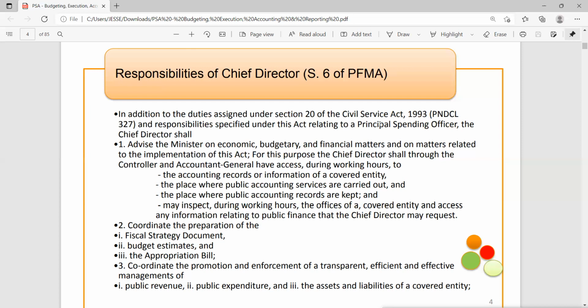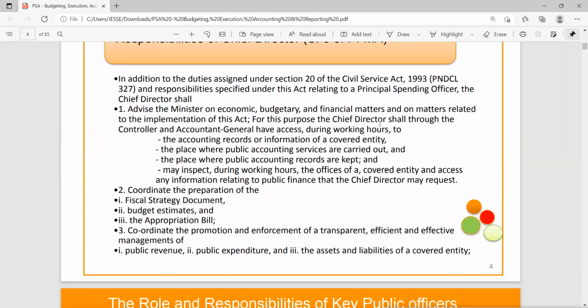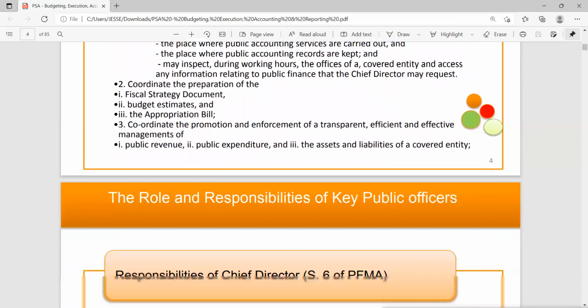So the chief director is responsible for ensuring that revenue, expenditure, assets, and liabilities are managed in a very efficient and effective manner. So what does the chief director do in summary? An advisory role, a coordination and preparation role, as well as a management role, which is in relation to the management of revenue, expenditure, and assets and liabilities.